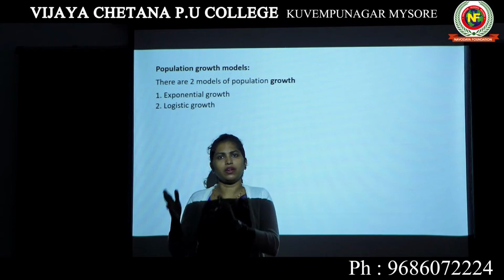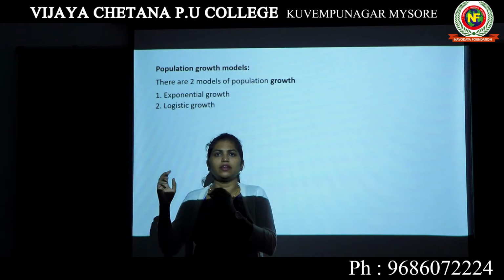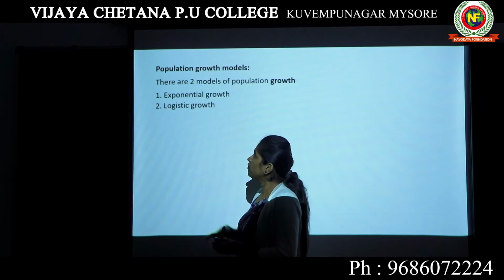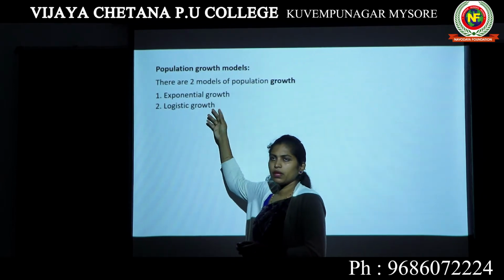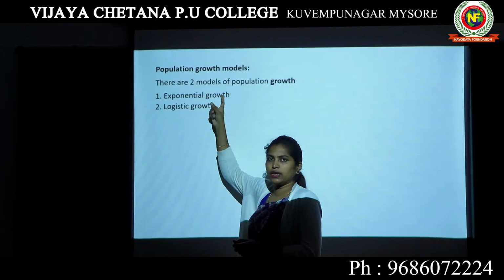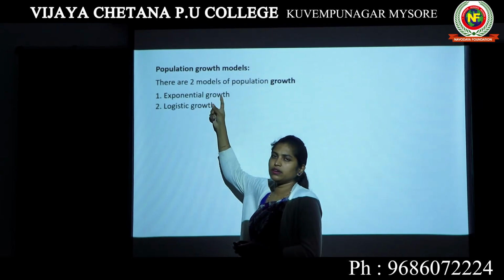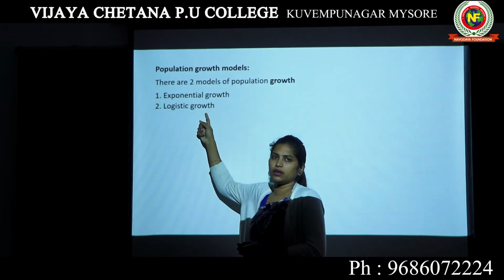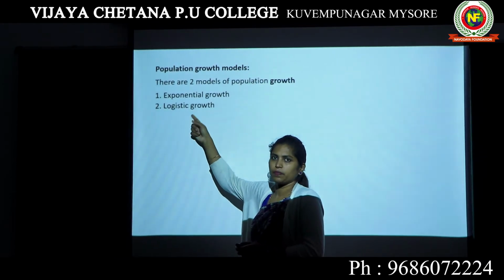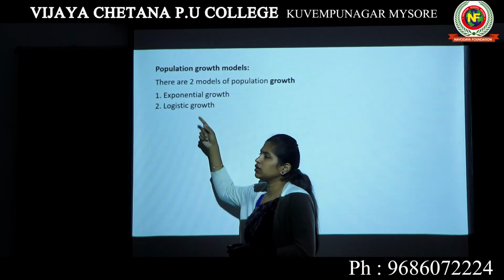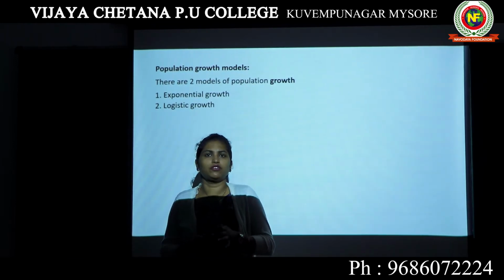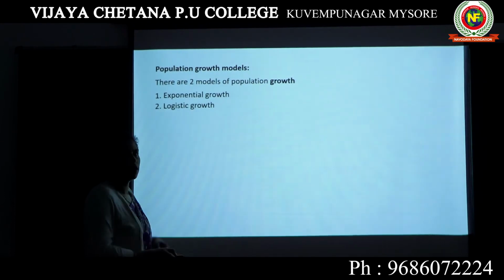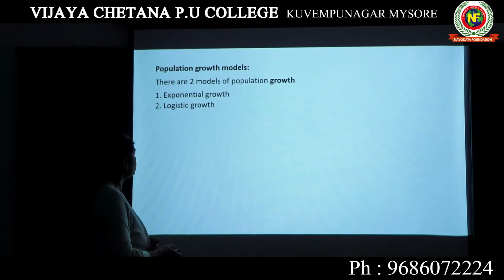The bacteria will reach a particular population density and the growth will stop. That becomes logistic growth. When we talk about both, exponential growth is not realistic. This generally does not happen in real life, whereas logistic growth is very realistic. This happens in real life situations. So this is about exponential growth and logistic growth.